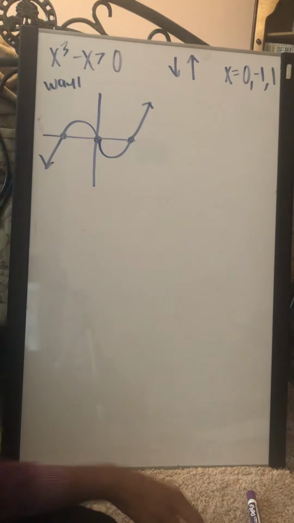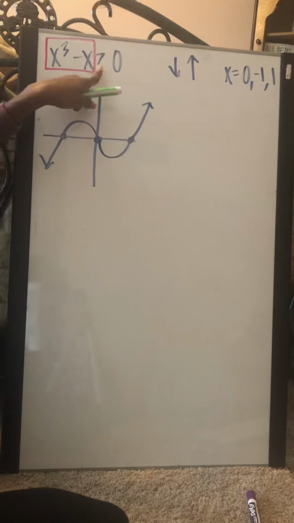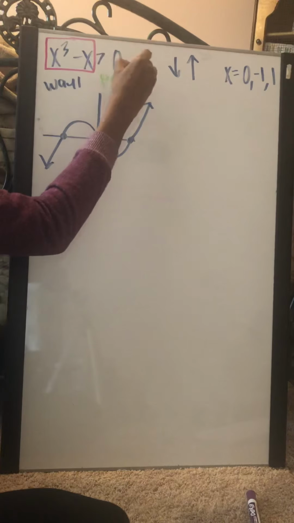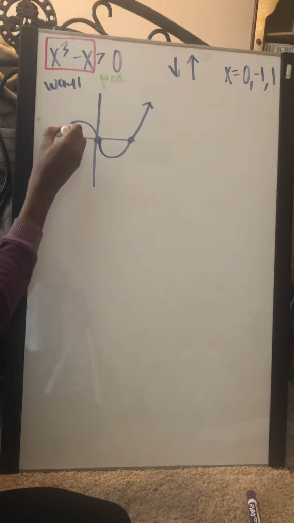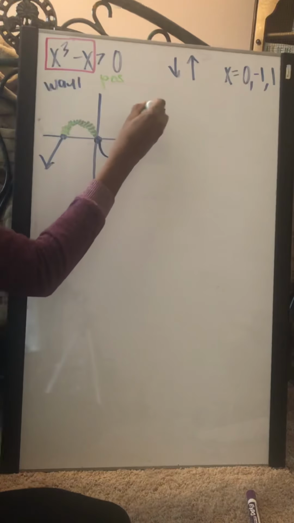And now, again, we're looking at our box, and our box only shows up when you have a 0 on the other side. Our box is greater than 0, so that is going to be our positive values, which means we want everything above our x-axis. So we want this and this.